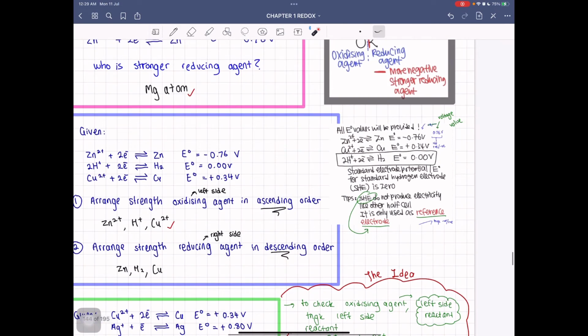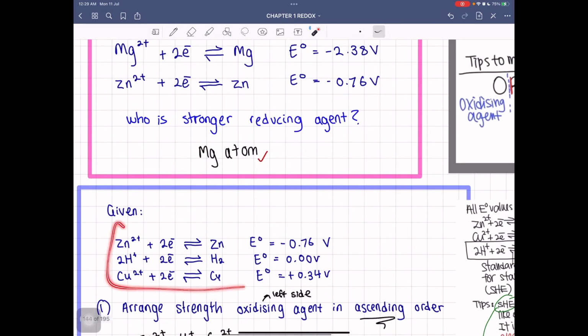Moving on, given these values, arrange the strength of oxidizing agents in ascending order. We know the oxidizing agent is on the left side, and it has to be more positive. The most positive value has the highest oxidizing strength, because an oxidizing agent needs to be more positive or less negative.